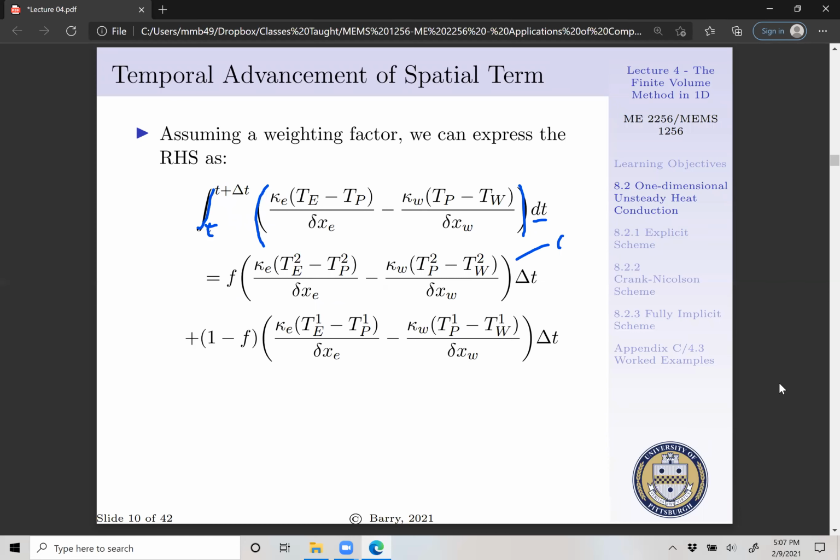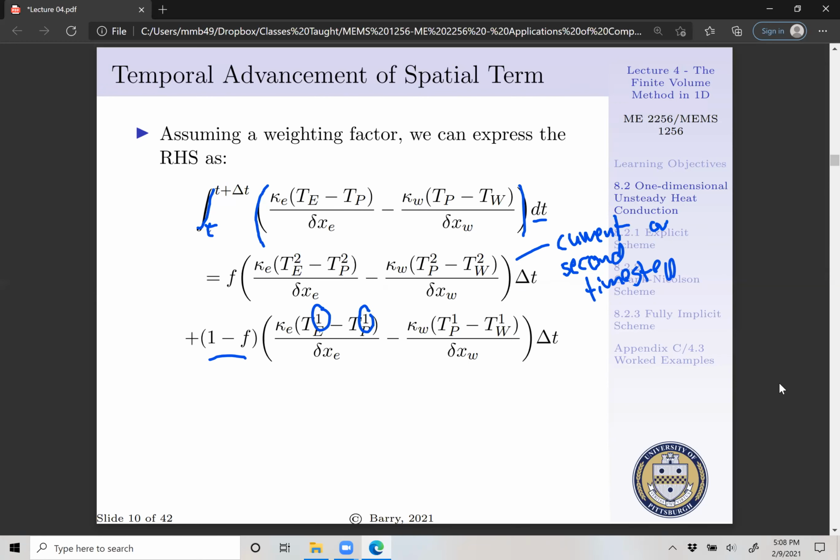So this is all really our current or second time step, plus 1 minus f, and we have the identical expression.